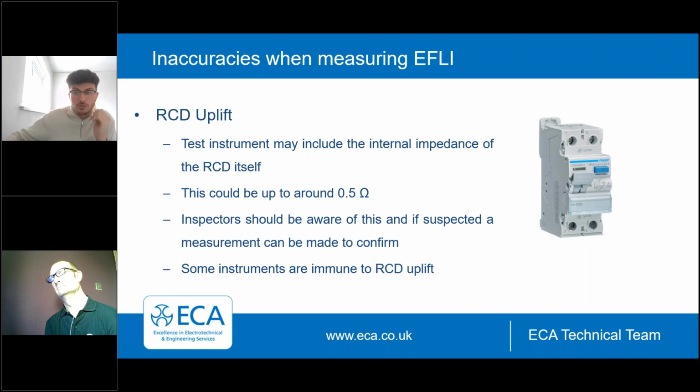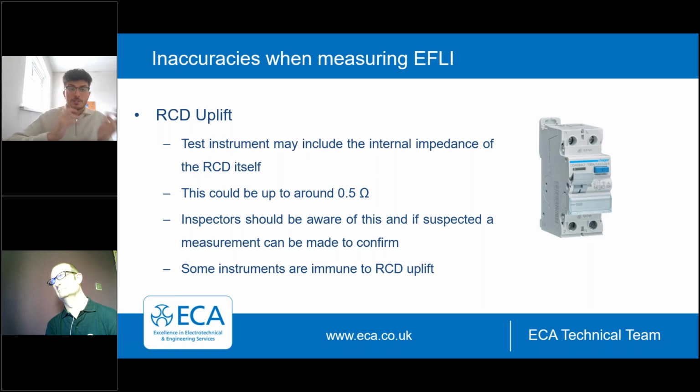If, as an inspector, you suspect RCD uplift, a simple measurement can be carried out on the supply side of the RCD or RCBO, and then the same measurement repeated on the load side of the device. So if additional impedance is obtained on the load side of the device, this can then be deducted from the overall measurement obtained.